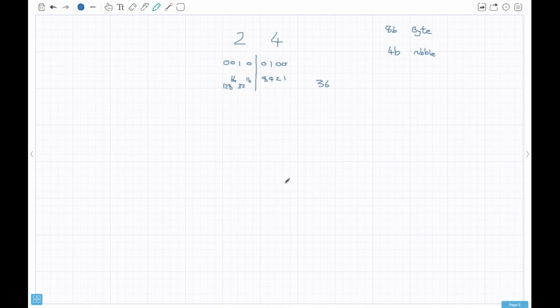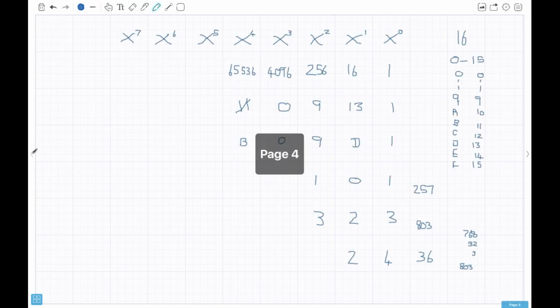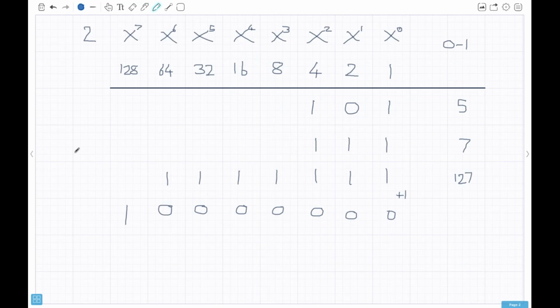Okay. Well, the relationship is quite clever because you can do it the other way as well. So how do I convert from decimal to binary? I've shown you how to convert from binary to decimal. What if I want to convert, say, let's pick a number, 53. How do I convert 53 into binary?